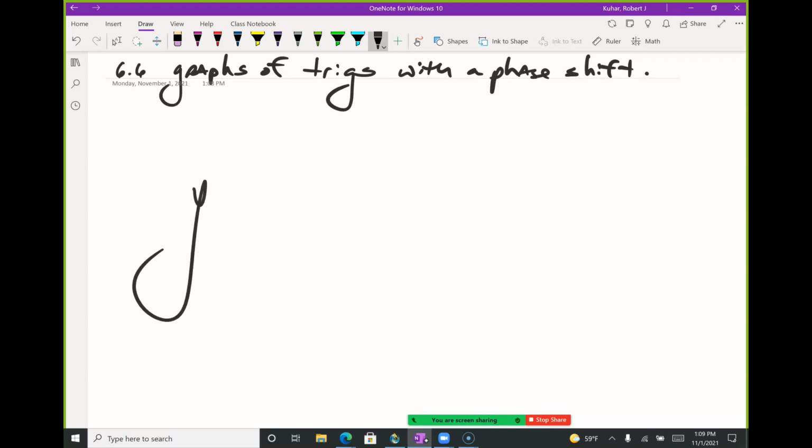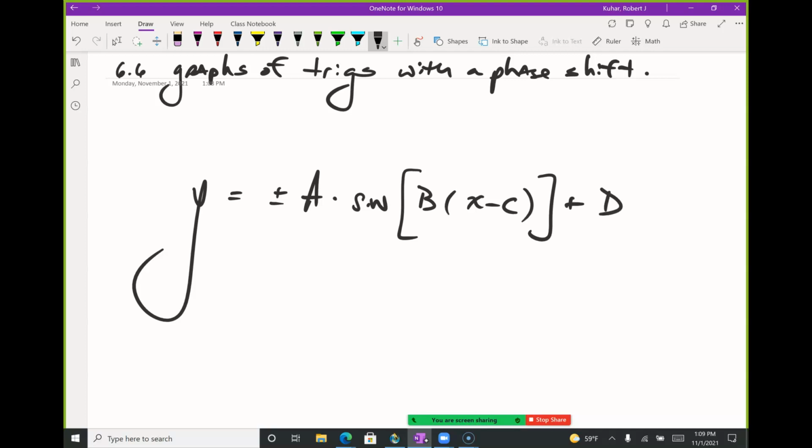So we're looking at this particular curve, y equals plus or minus A times the sine of B times the quantity of x minus C, all plus D. And I've got them all capitalized. It doesn't matter, but I put them alphabetical because I want you working on each of them in alphabetical order. So this is a reflection.